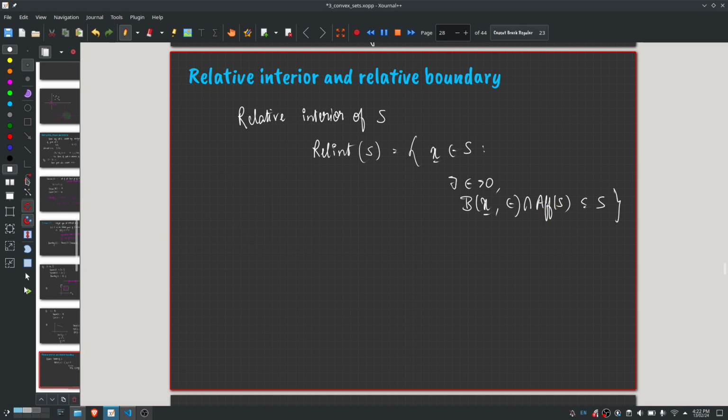To understand this, let's go back to our earlier example of a line segment in R2. So this is the set. What would be the affine hull of this particular set? Yeah, the entire line that passes through this line segment, or the line that contains this line segment.